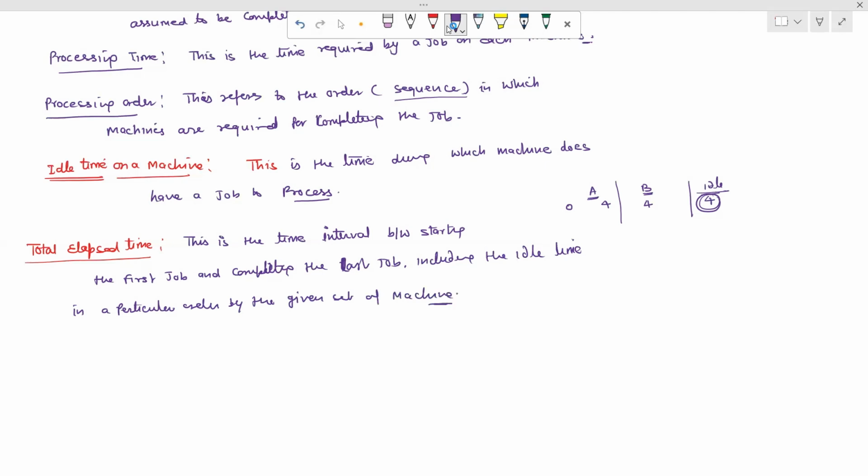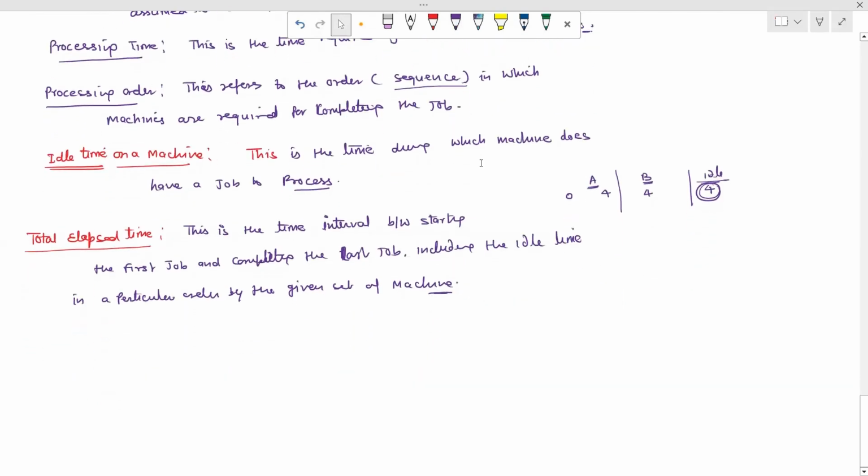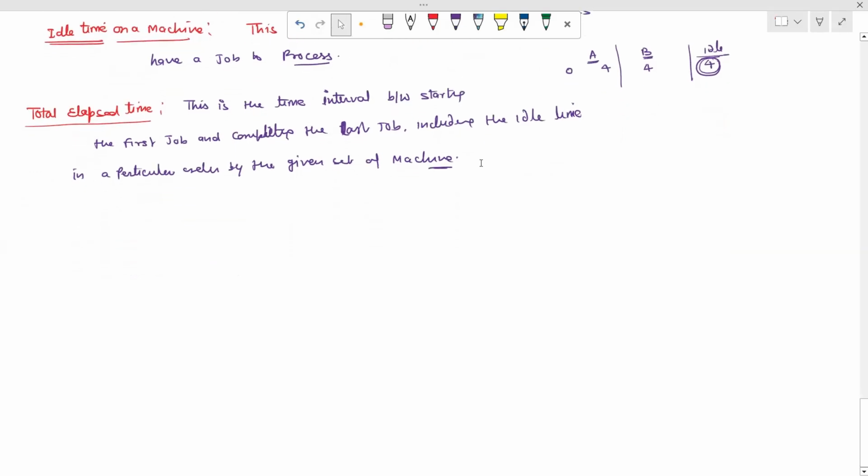These are the basic terminology we have to remember before doing sequencing: number of machines, processing time, processing order, idle time, total elapsed time.